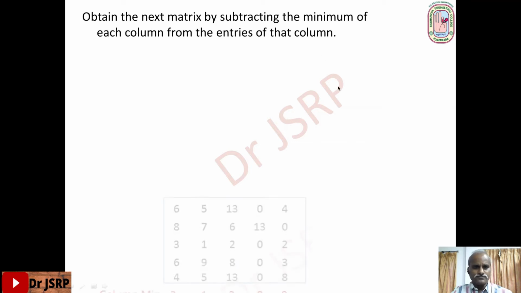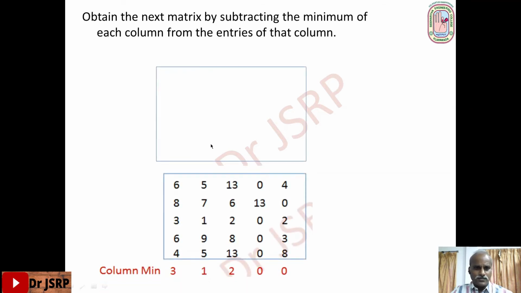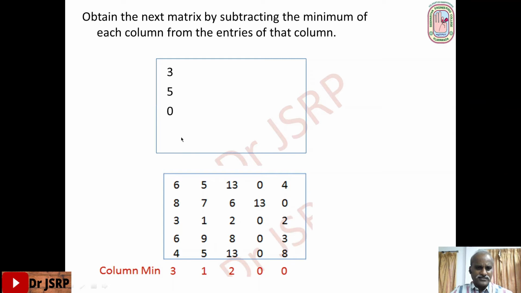Okay. Right. Obtain the next matrix by subtracting the minimum of each column from the entries of that column. Subtract 3 from first column, 6 minus 3, 3, 8 minus 3, 5, 3 minus 3, 0, 6 minus 3, 3, 4 minus 3, 1. Similarly, subtract 1 from second column. Subtract 2 from third column.